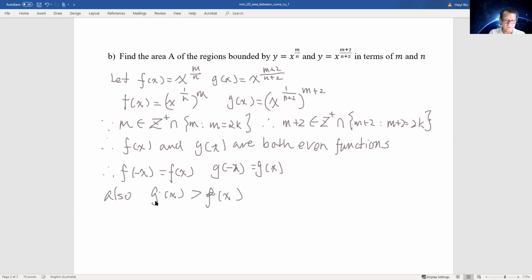So the area between the two curves, we can use the boundary from -1 to 0, and we need to put gx in the front. And plus, the other one is from 0 to 1.